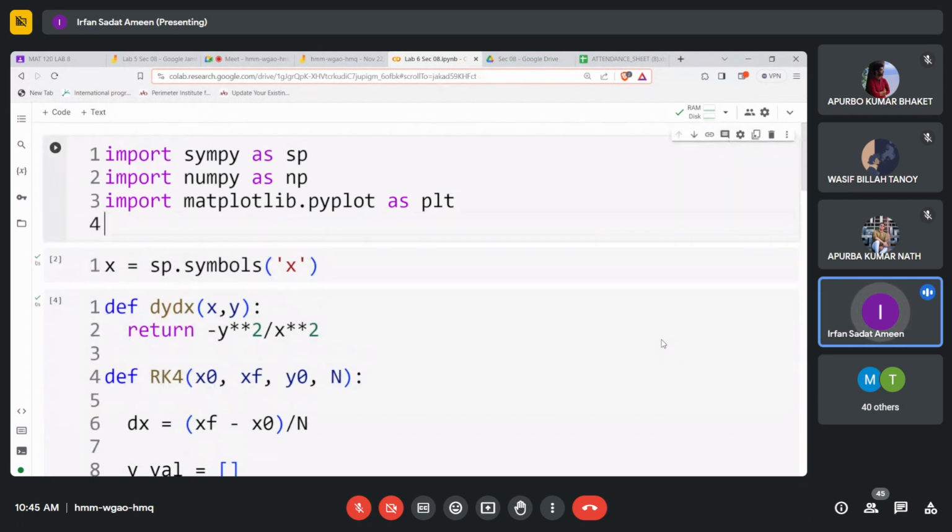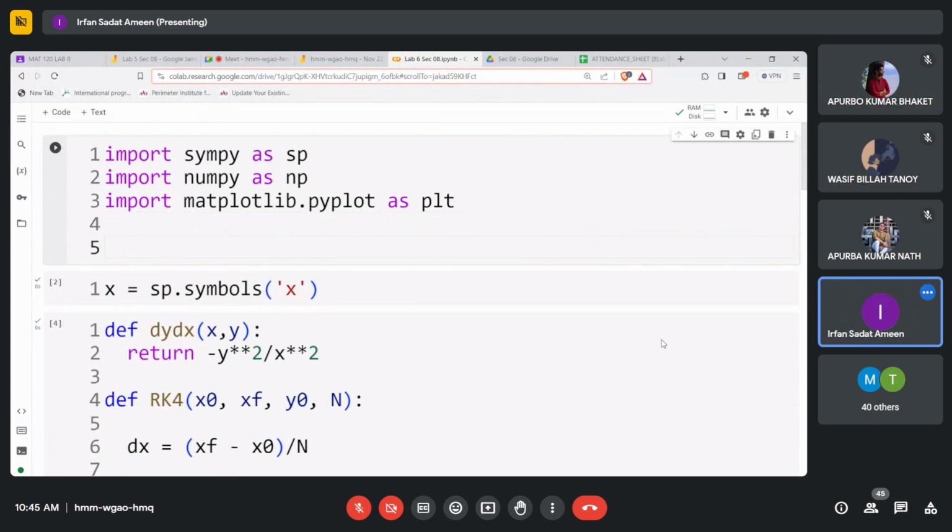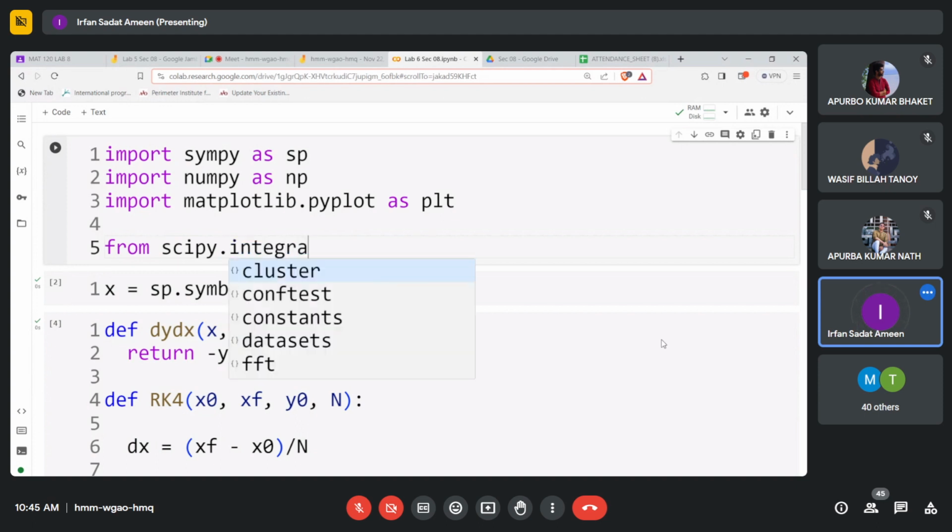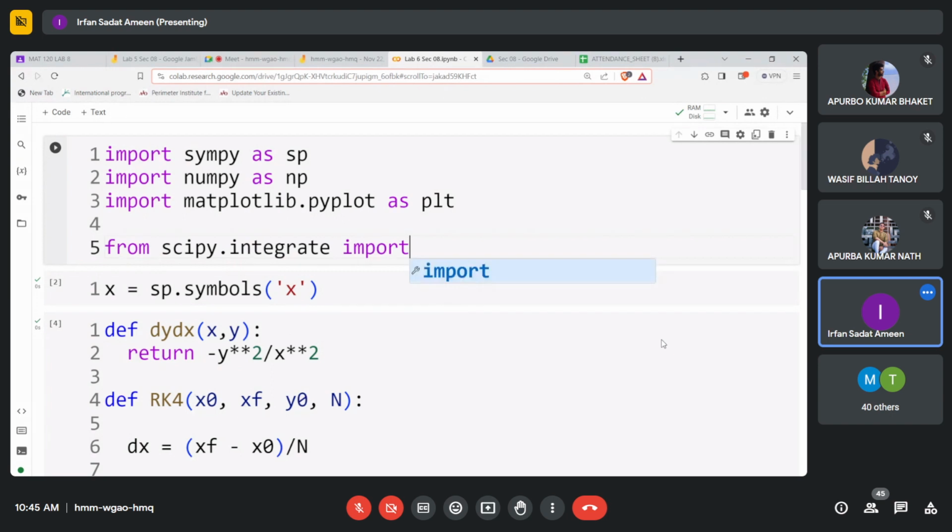So we don't need everything from SciPy like before. We just need another function. এর আগের বার quad লাগছিল for integration. এখন we need something else. So we'll write from SciPy import the name ODEINT.